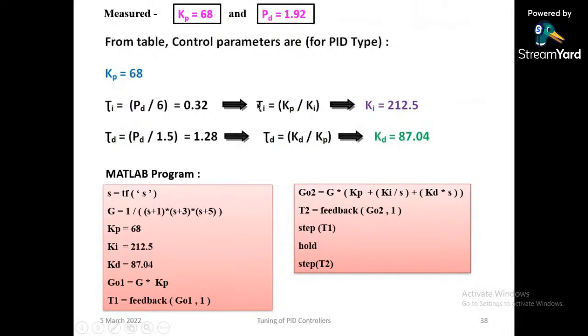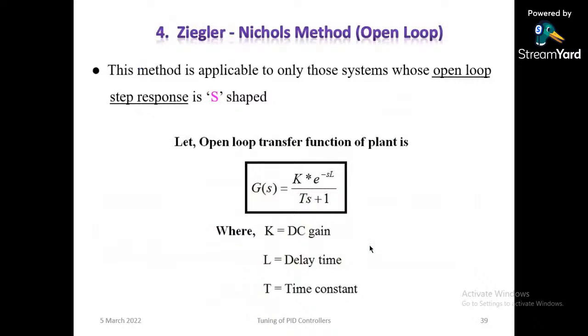Once you calculate tau I and tau D, then you can calculate Ki and Kd. Ki comes out to be 212.5, Kd comes out to be 87.04. Means what? You are getting the values of Kp, Ki, Kd. Use this MATLAB program, run it, and you will get the output response.